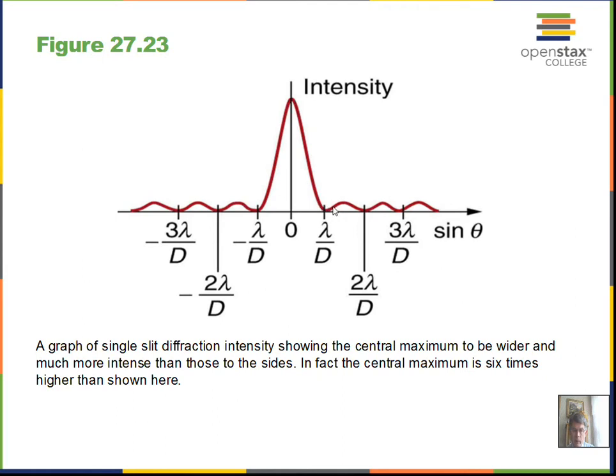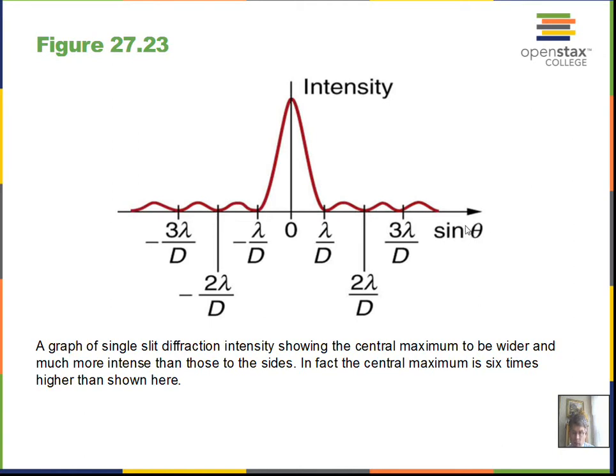At that angle, the same angle for both of the two slits, the single slit equation predicts a minimum. Well, we do have constructive interference on the screen in the double slit pattern, but it's 0 plus 0.